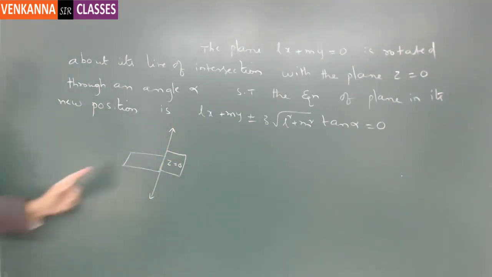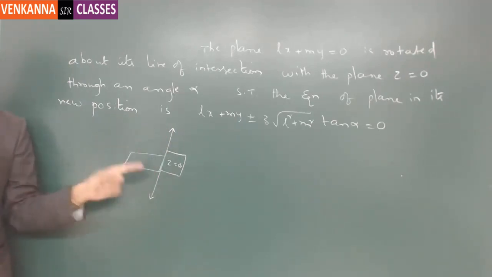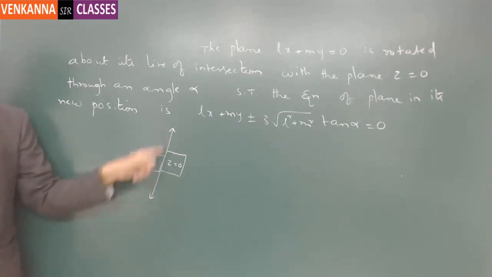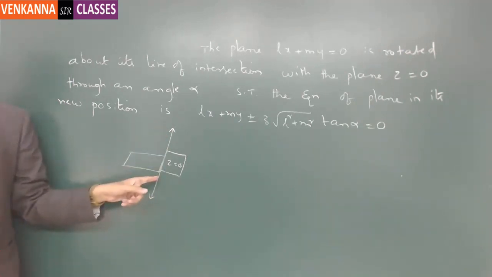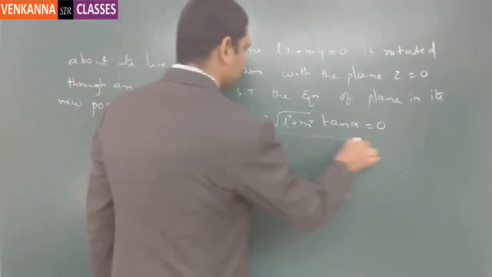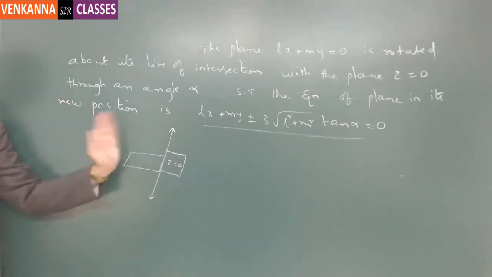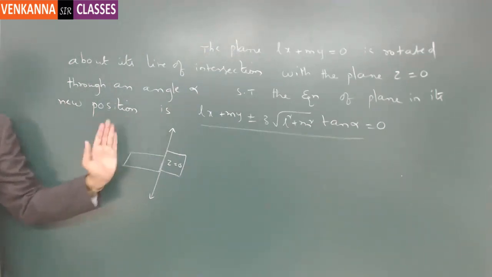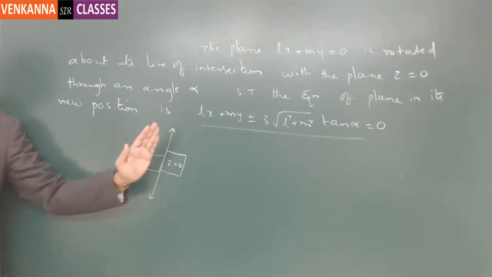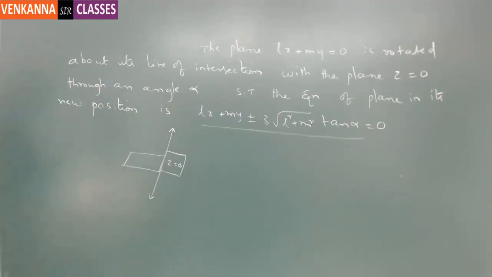Now what happens if you rotate this plane over this line of intersection? Its equation in the new position is this one. And how much you are rotating? It is just like flipping the plane from one position to the other position through an angle alpha. Clear?